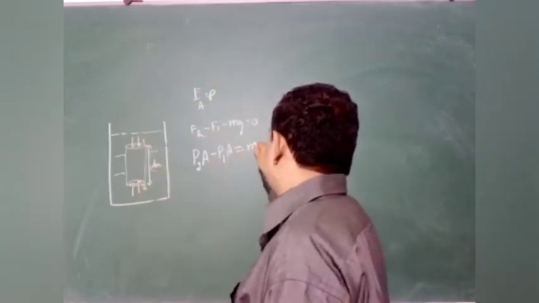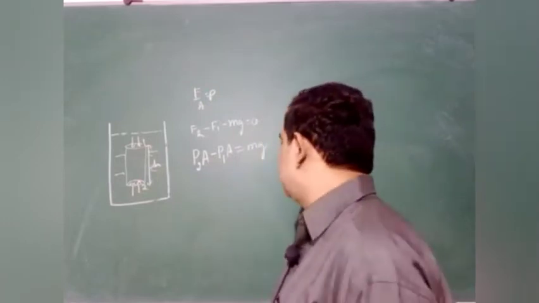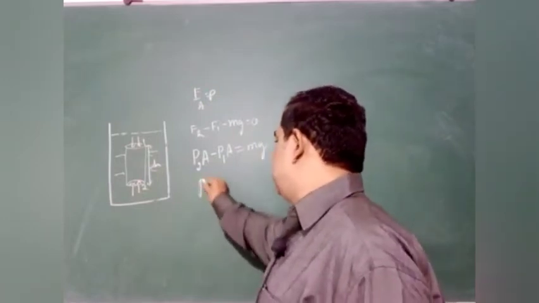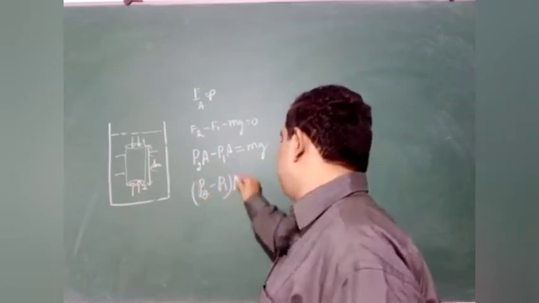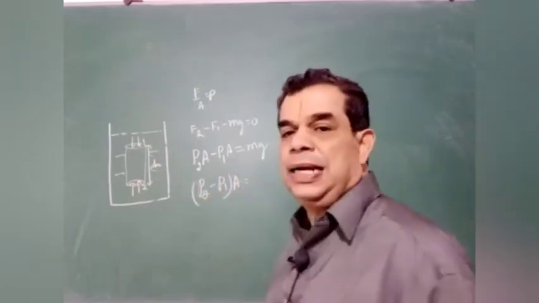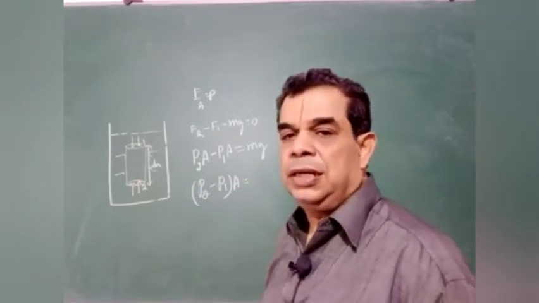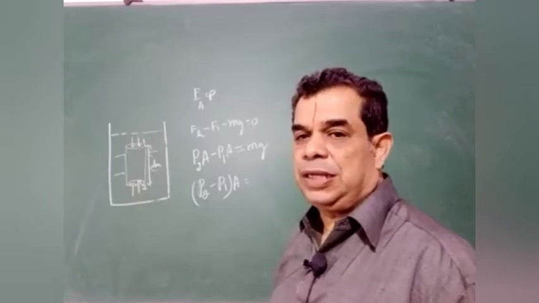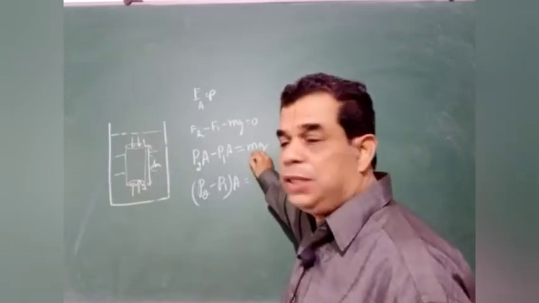We take this mg onto this side. Very simple thing. Say we take A as common factor. And I write mg, m, in terms of mass, volume and density. Can you tell me how to write mass in terms of volume and density?